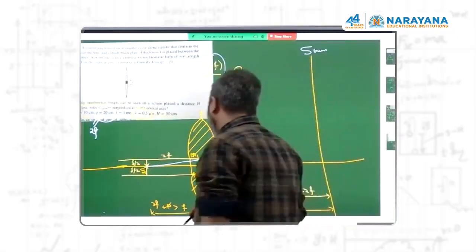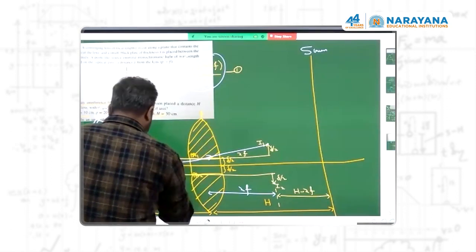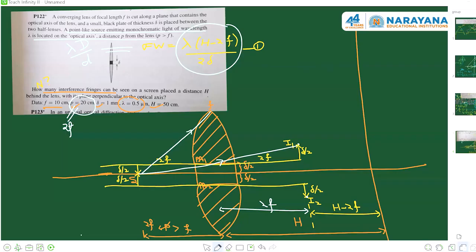Now, all the light energy which is incident on the upper segment, even up to the top, will be coming here, na? And all this flux is going to finally end up reaching that point I1.